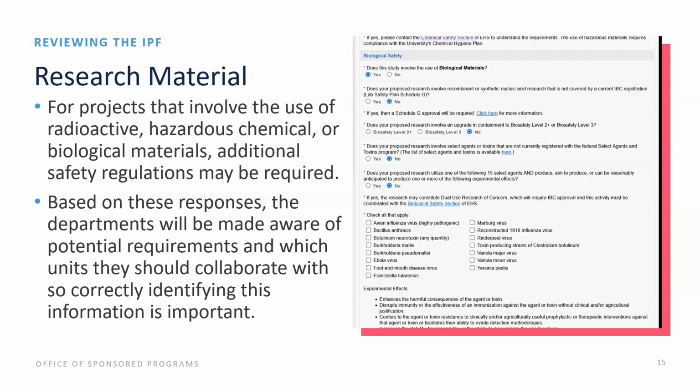We certainly want to make sure that we have all that information captured and the right people are notified. The more correct this information is on the front end, the more effectively we can set up an award on the back end. Next page, please.